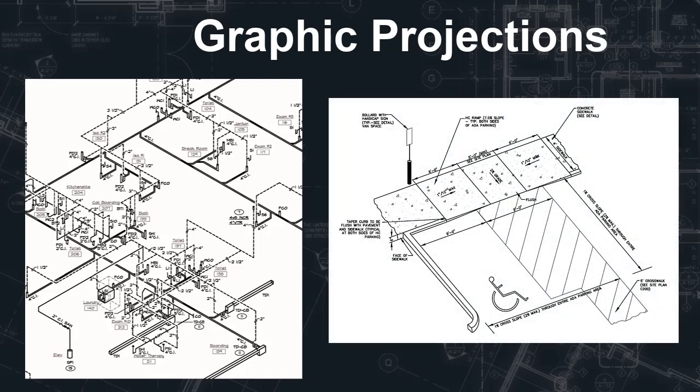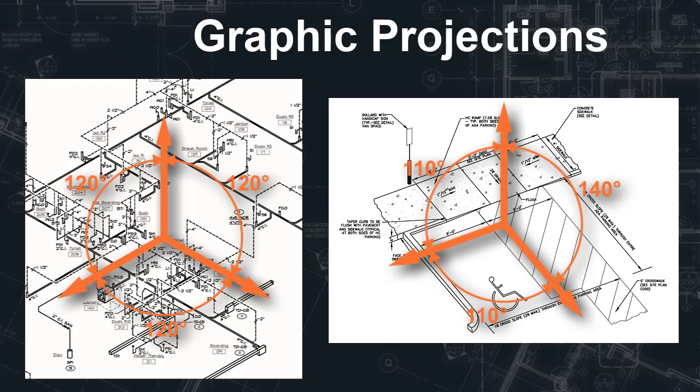Here's another one where they want to really illustrate the handicap ramp and handicap parking and how all that fits together. The important thing to see in all of these is that the angles of all the different lines, the lines going vertically and the lines going horizontally in 2 different directions, add up to 360 degrees. In the case of the sanitary sewer layout, it is actually an isometric because all 3 angles are the same.